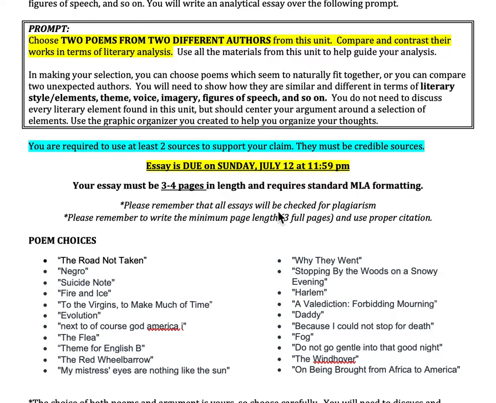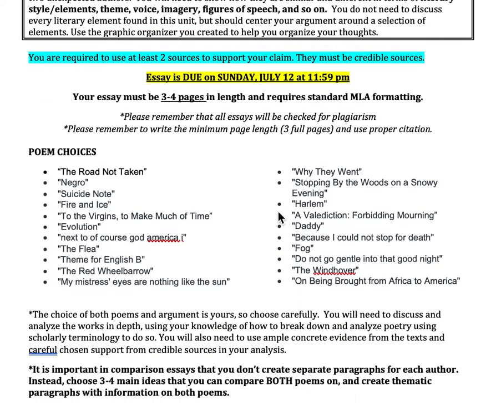Like in your first essay, where you have a driving literary element that you're going to discuss, whether that's theme or symbolism or whatever it might be, you should do the same thing here. So have a very specific set of things that you want to talk about when you compare these two poems, because otherwise it might just go all over the place, and you want your argument to stay narrow and focused and concrete.